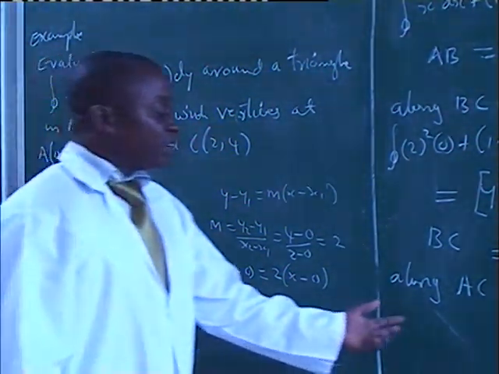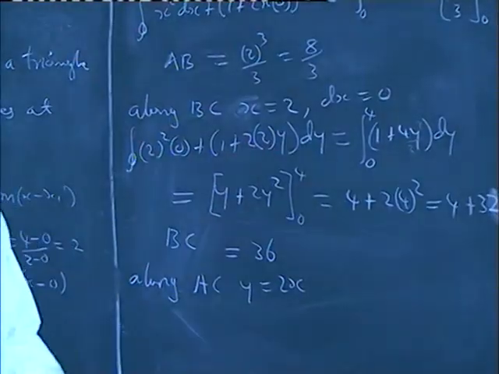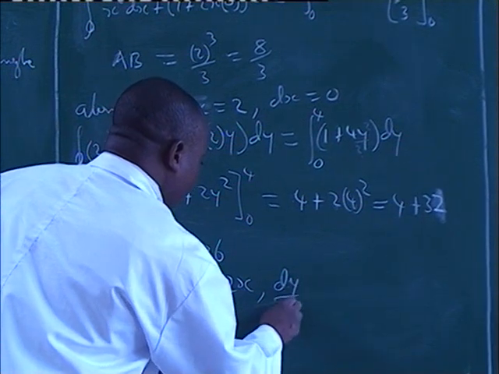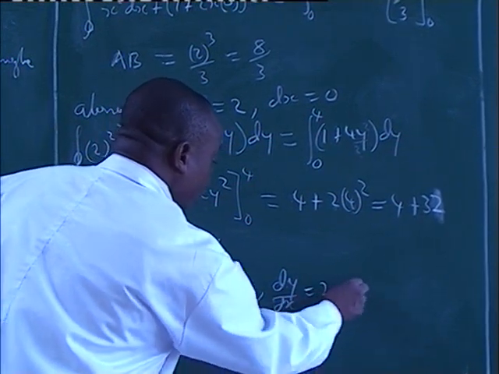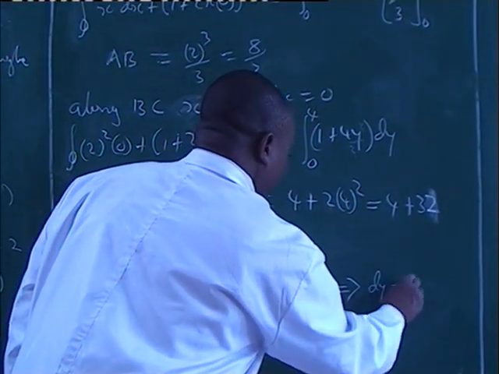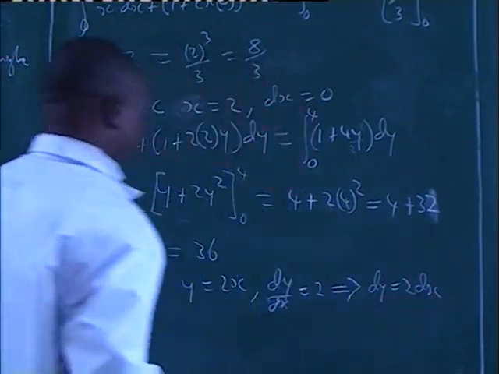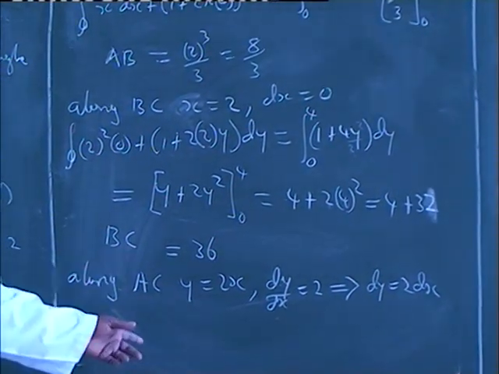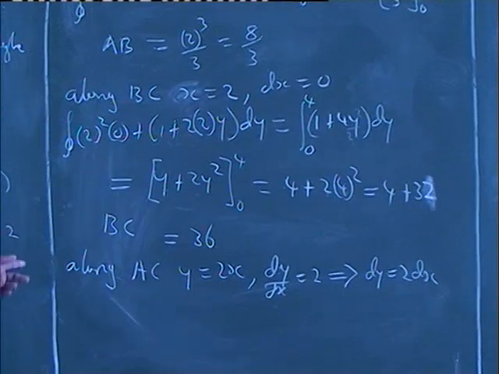Now that we have along AC, y is equal to 2x. It means that dy over dx is equal to 2, which implies that dy will be equal to 2 dx. Now, as usual, we are going to put this into the given equation.